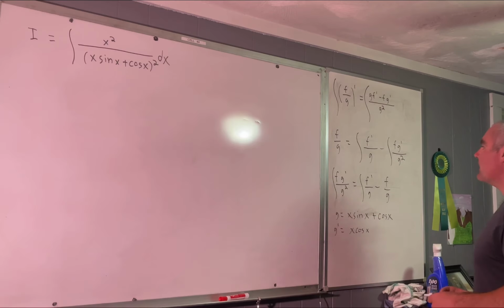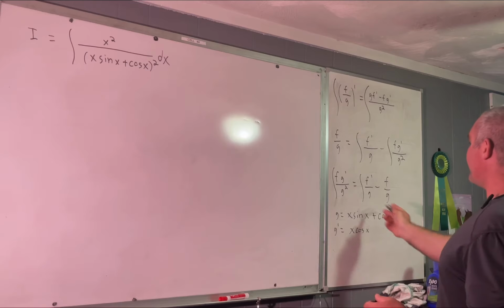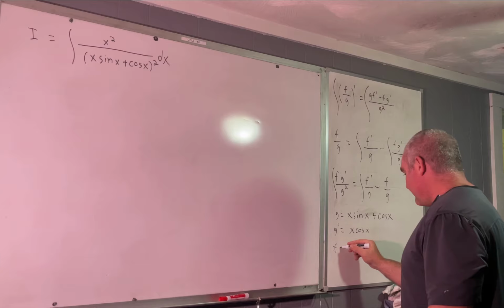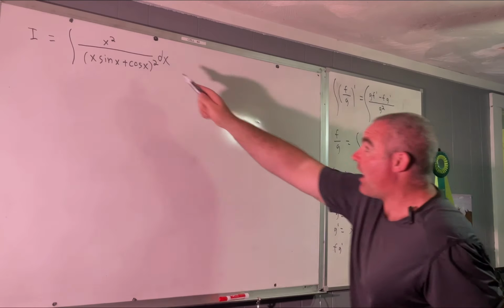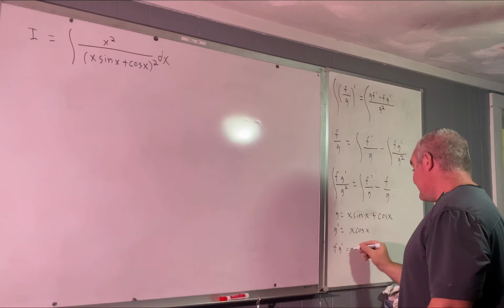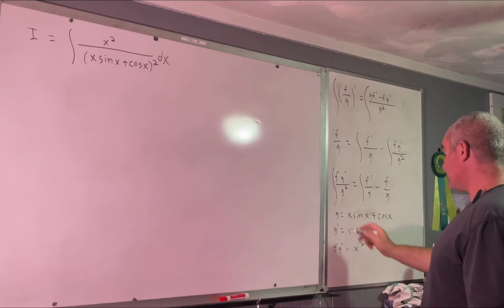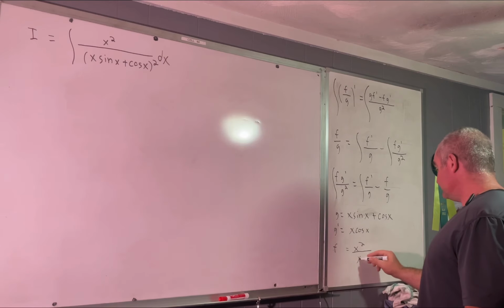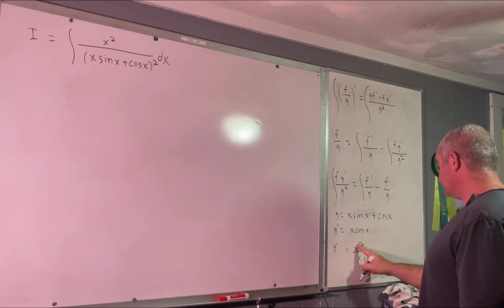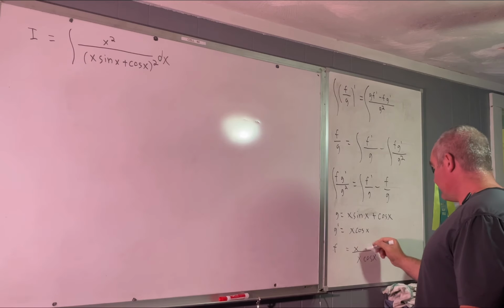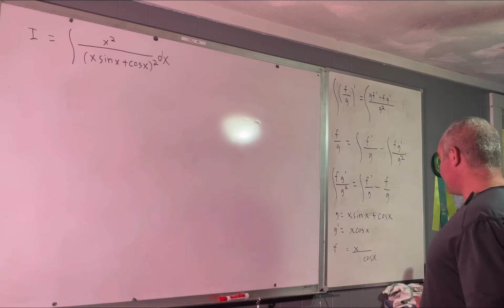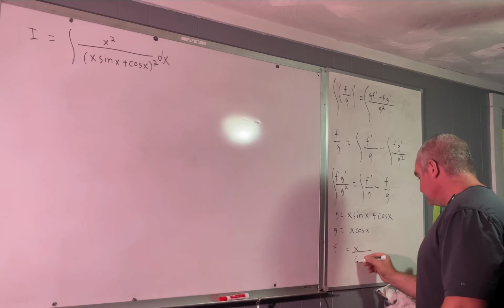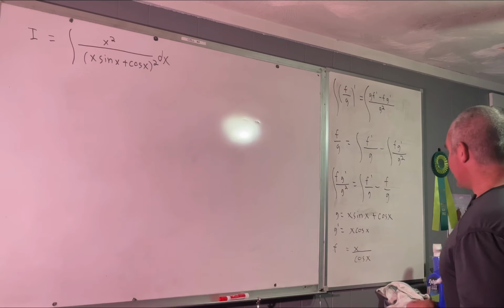Okay, so given that, now we can solve for f, because we know that f times g prime has got to be the top of our integrand here. That has to equal x squared. Well, we know g prime, so let's divide both sides by g prime. So that becomes our f. f is x over cosine of x.